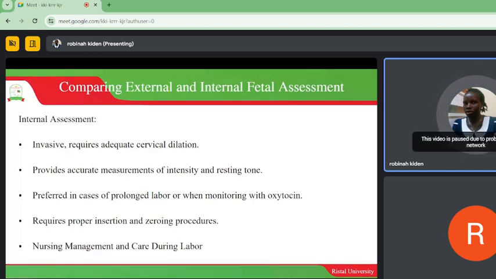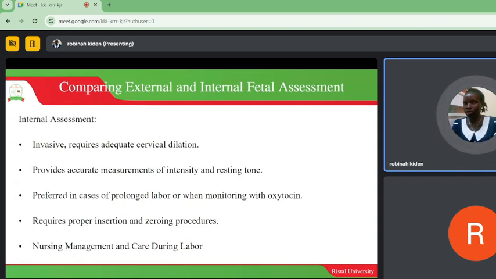So the intensity of the contractions can be measured, and when the contractions have worn off during the resting period, it can also be detected that the uterus is now at rest.